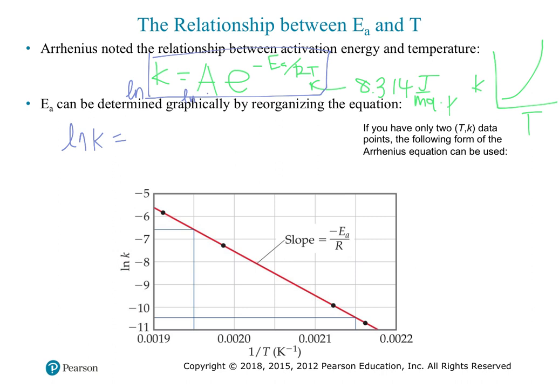So I'm going to do the exponential first. The natural log of an exponential just cancels it out. So we get negative activation energy over R, and I'm just going to write 1 over T here, putting all of this out front. And then plus natural log of our frequency factor.